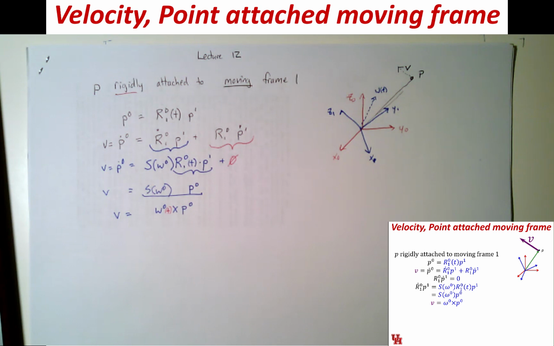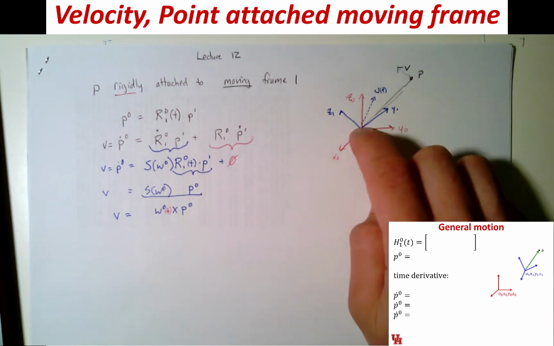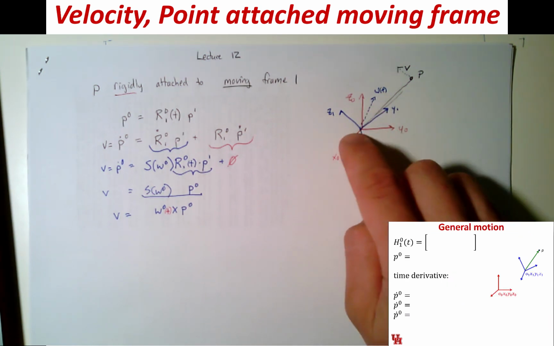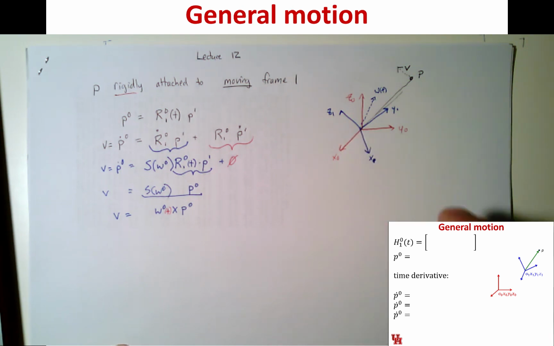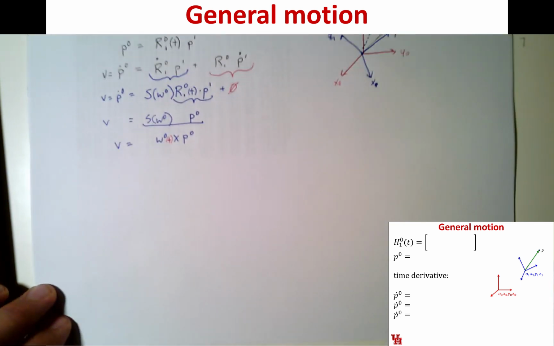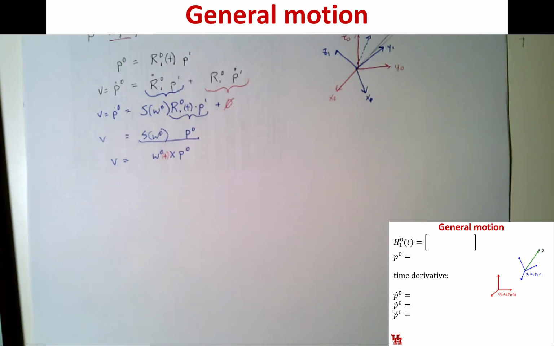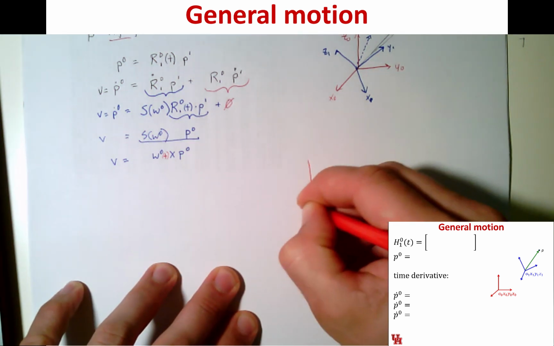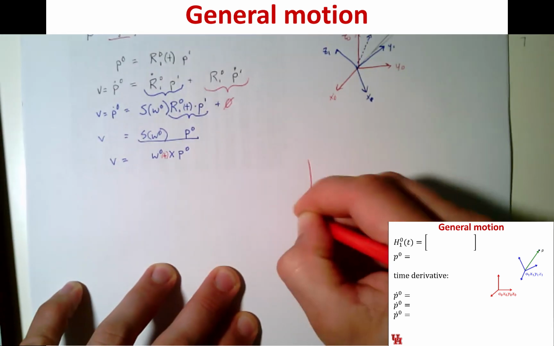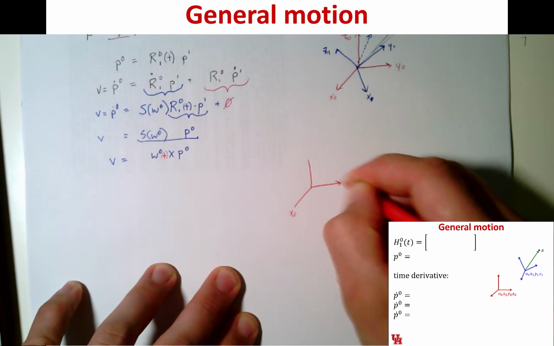Now, let's complicate things some more. What if frame 1 is not coincident with frame 0? For instance, what if frame 0 is my base frame and frame 1 is attached to a joint that's further along? We can handle that on the same page. I'm going to have to change my drawing a little bit because I now have my base frame, x0, y0, z0.